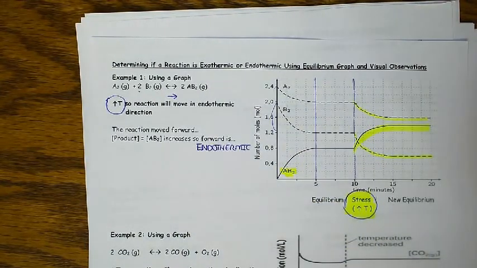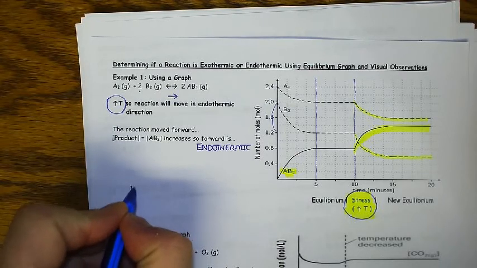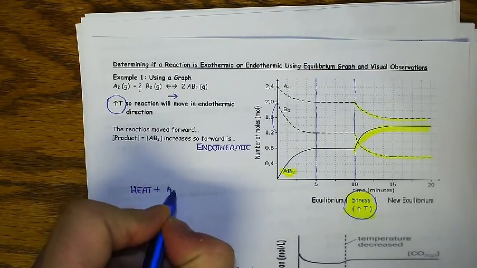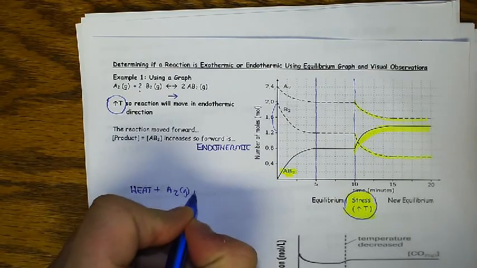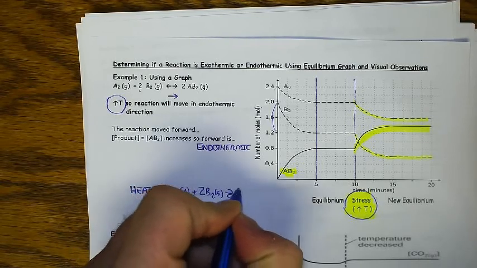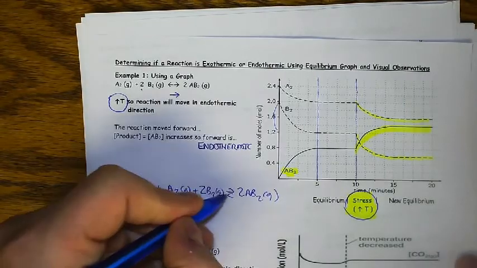As a result, we know that the forward reaction must be endothermic. So this reaction must have been heat plus A2 gas plus 2B2 gas doing 2AB2 gas.